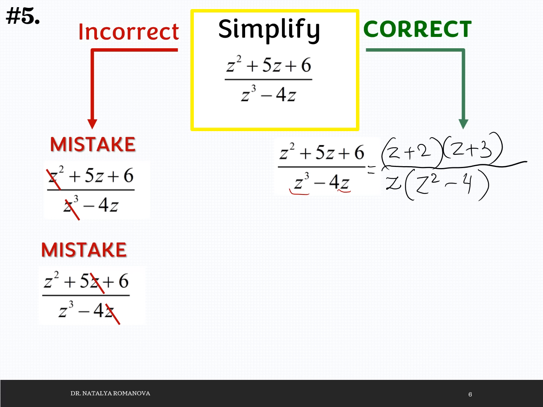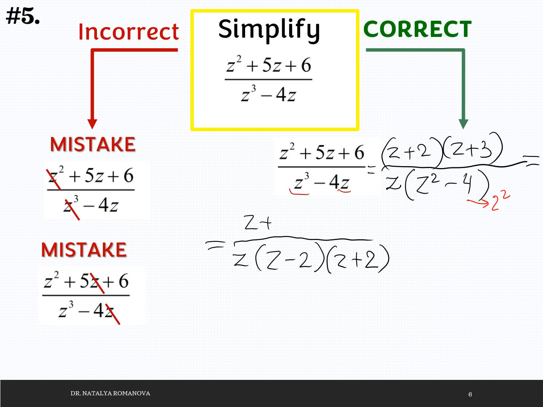4 is 2 squared, everyone remember it is 2 squared. So now for the denominator we will use the difference of squares formula, so it would be z times (z minus 2)(z plus 2), and we will keep our numerator (z plus 2)(z plus 3).